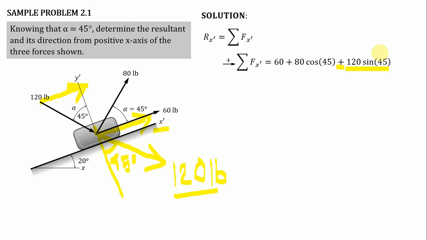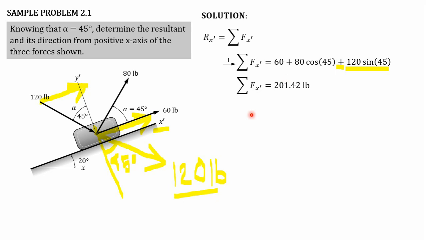Sine gamitin natin kasi ito yung kunin natin. Horizontal yung kunin natin. And that is equivalent to 201.42 pounds, and that is going to the right along the x prime axis.